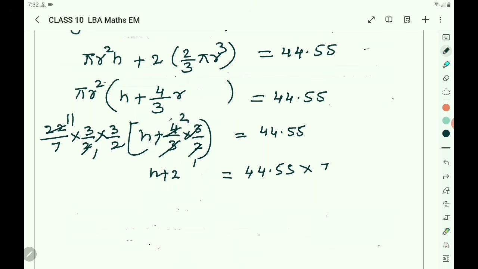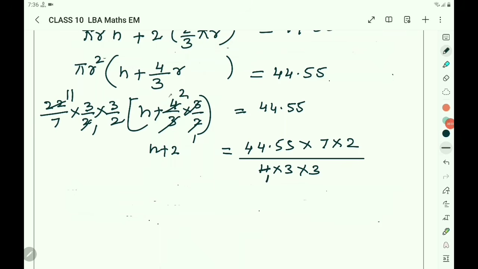So you write 7 into 2 by 11 into 3 into 3 comes to the denominator of the RHS, that is 11 into 3 into 3.